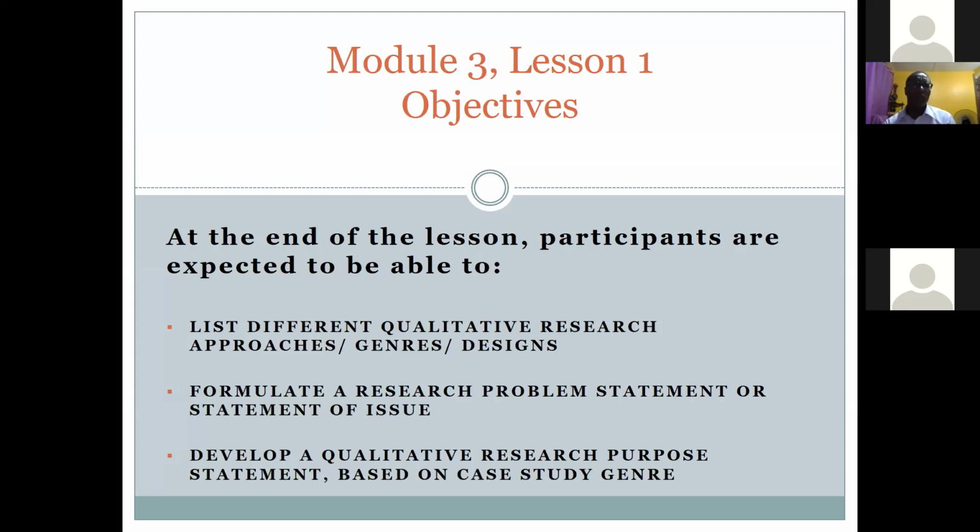So what you need to know from this conversation is that when we talk about the 5 different research designs or approaches, we're talking about case studies, grounded theory, phenomenology, ethnography, and narrative.